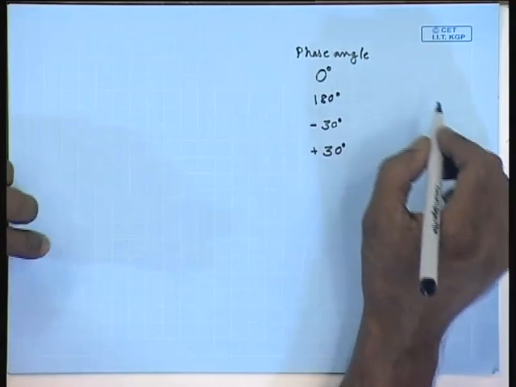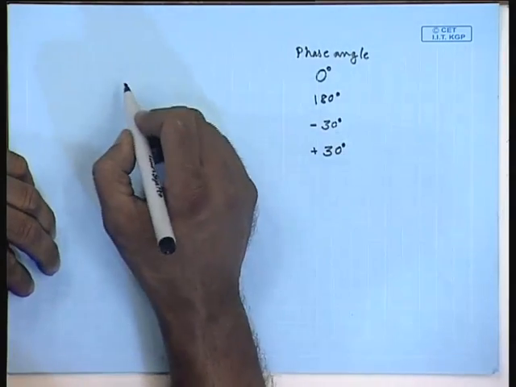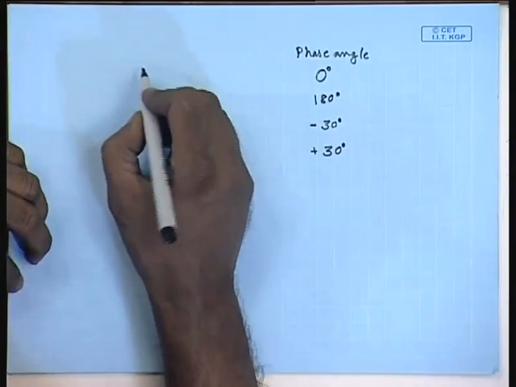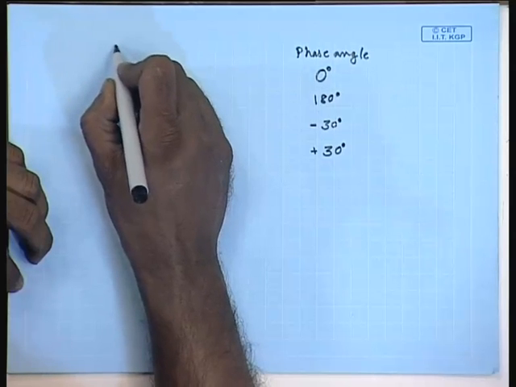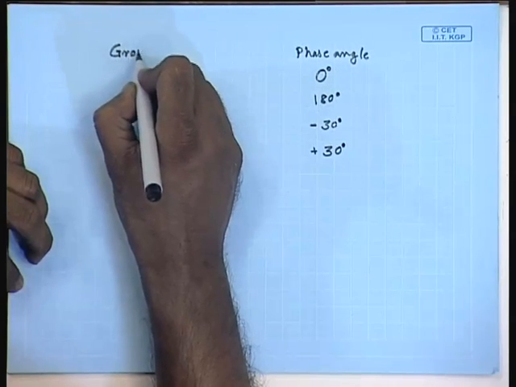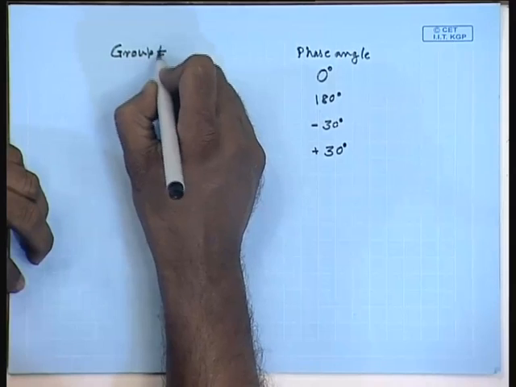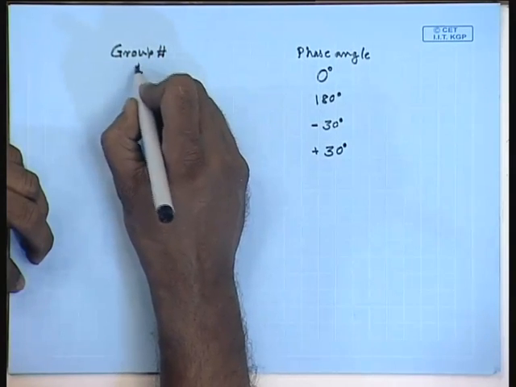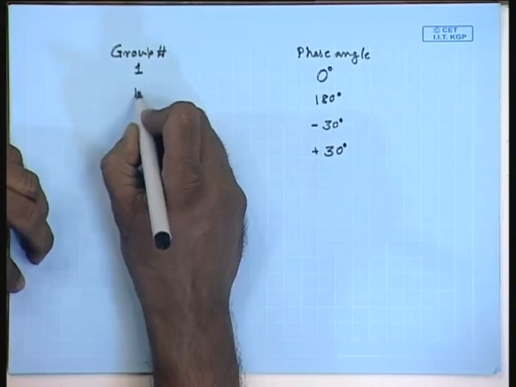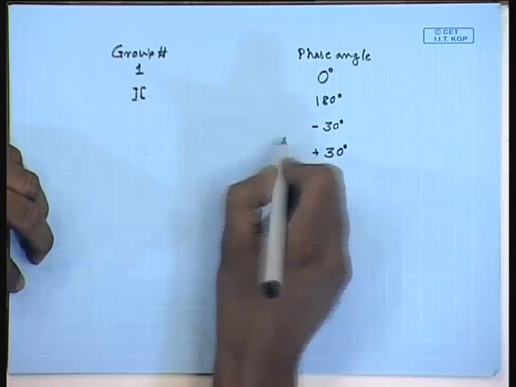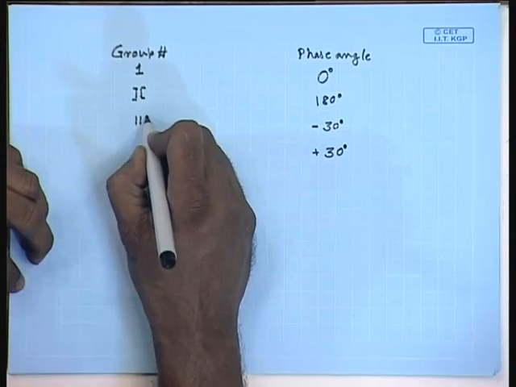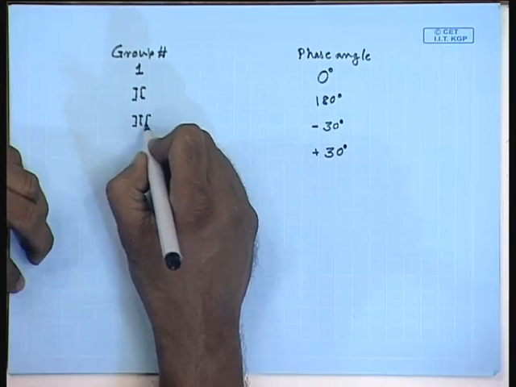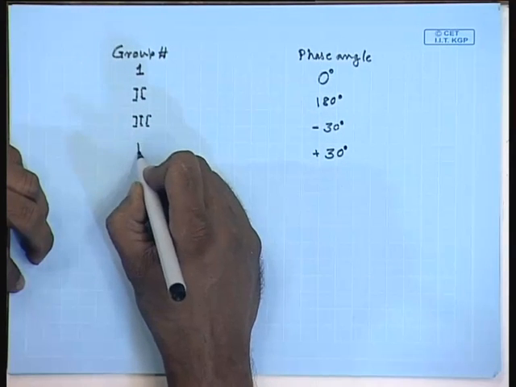So, correspondingly there are four groups. This is called group number 1, this is group number 2, this is group number 3, this is group number 4.